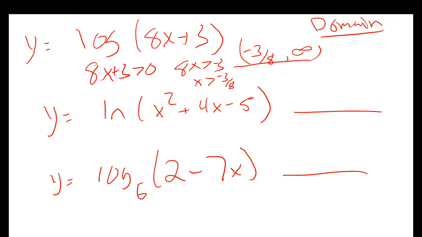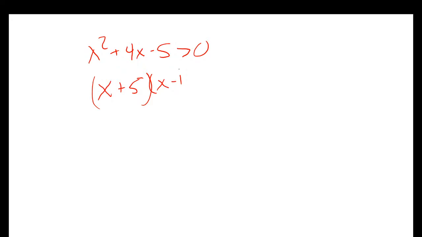On the next one, you're setting x squared plus 4x minus 5 greater than 0. If you factor that, you get x plus 5 times x minus 1 is greater than 0. This gives you two values, one of them is 1, one of them is negative 5. You're plugging in test points.